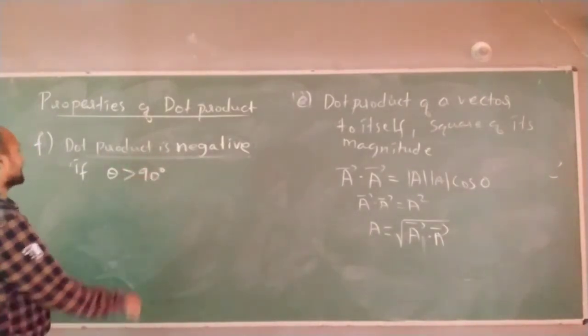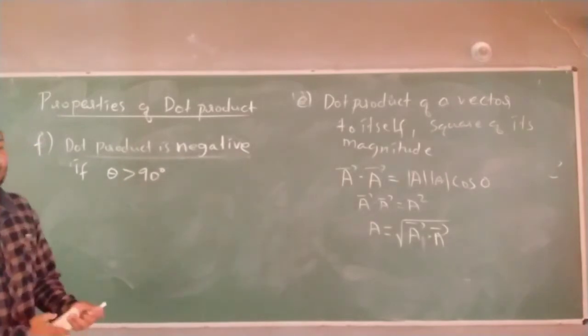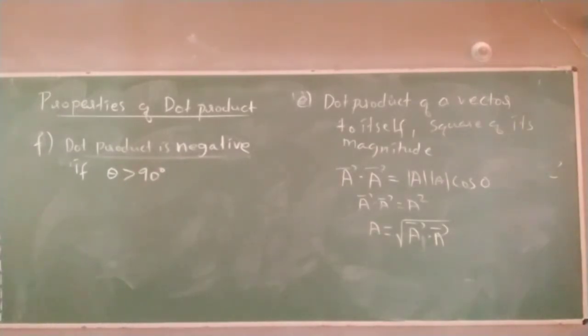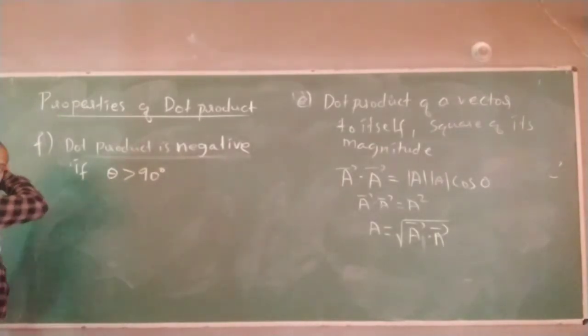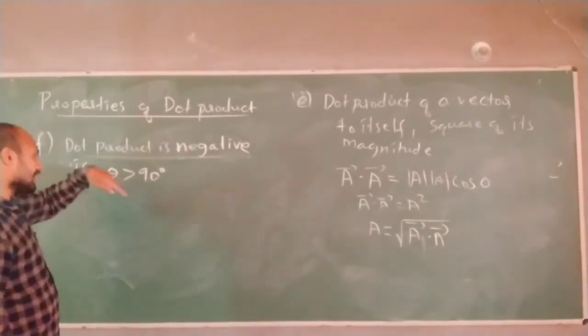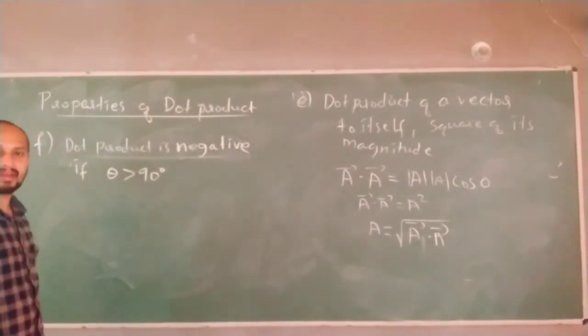Next property: the dot product is negative if theta is greater than 90 degrees. If theta is greater than 90 degrees, the cos value remains negative.